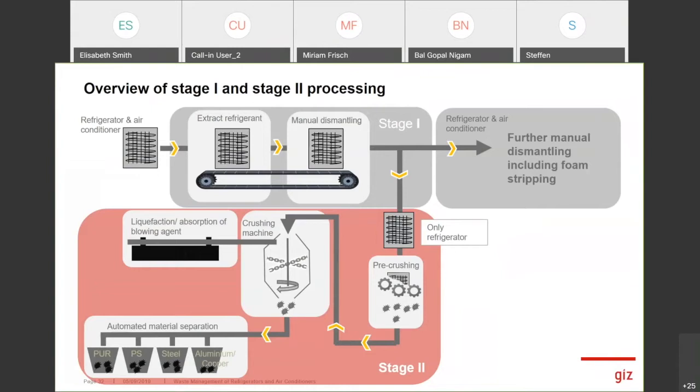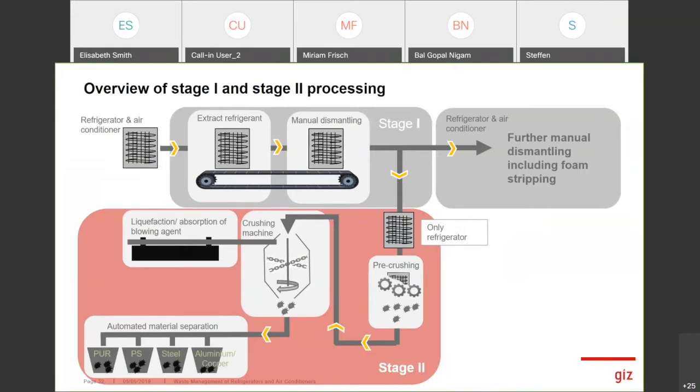Again, the processing of the materials by a crushing machine and removing from that crushed particles the liquefaction and absorption of the blowing agent and automatic material separation of polyurethane, polystyrol, steel, aluminum, and copper.